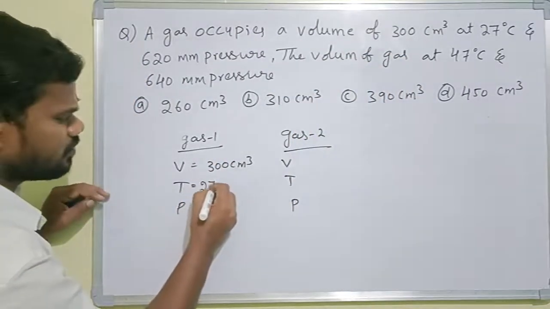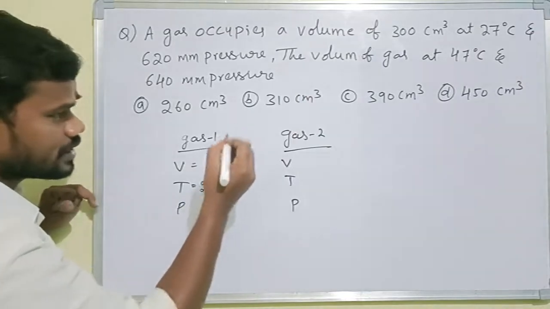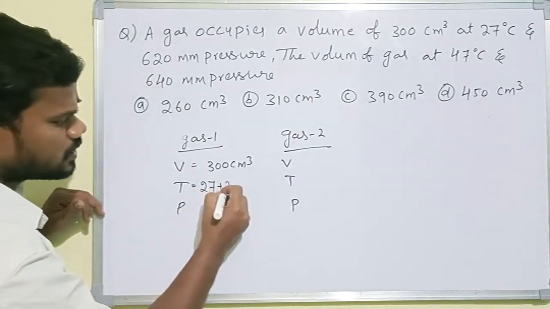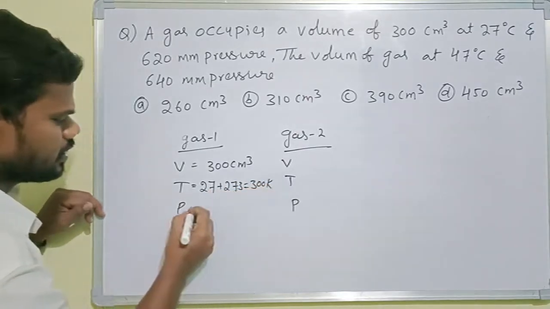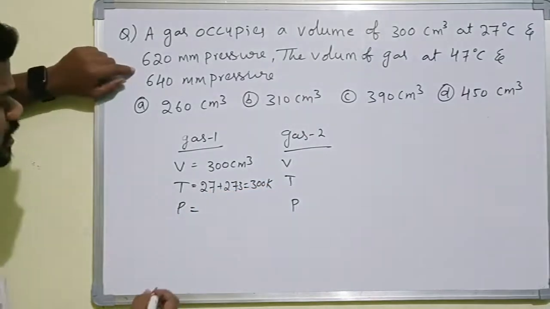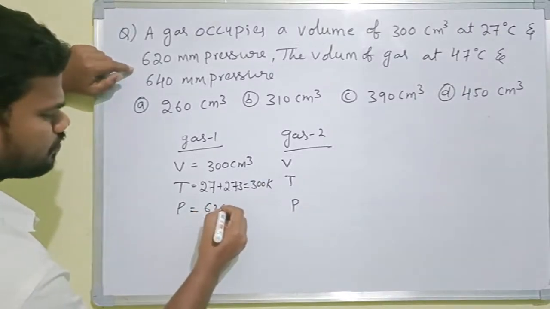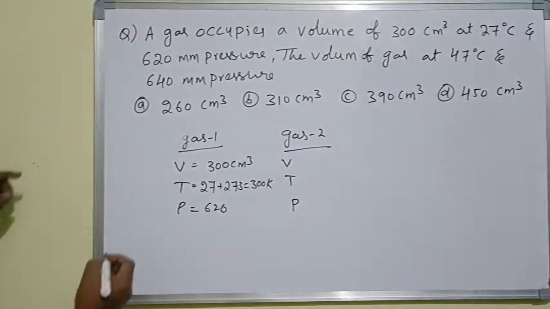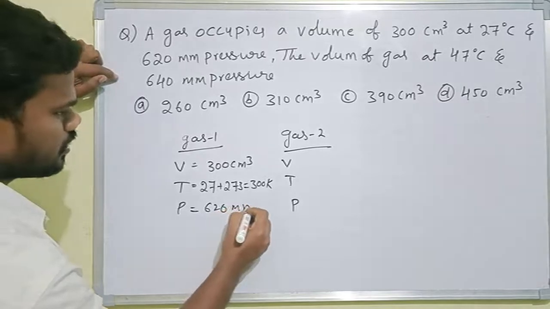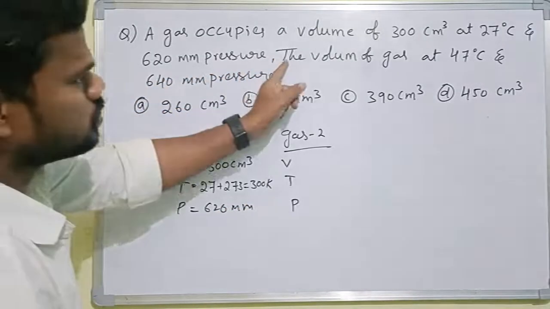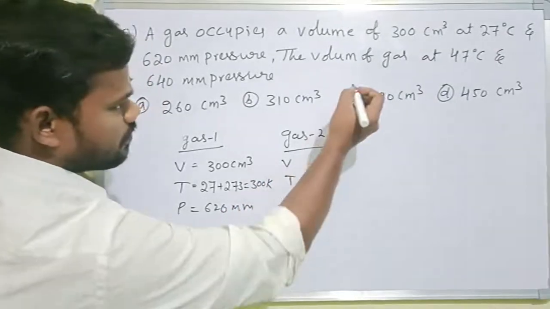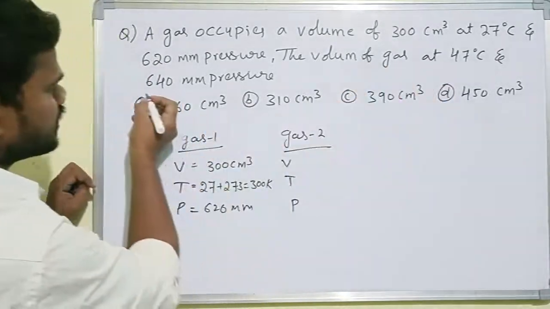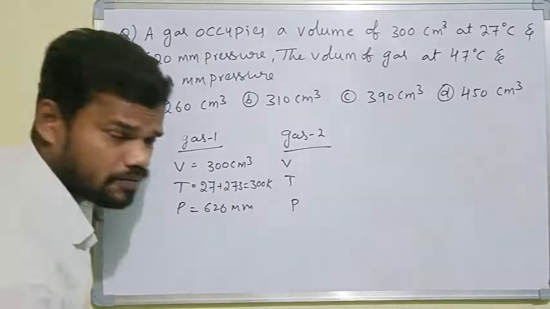What is the temperature? 27 degrees Celsius. We convert Celsius to Kelvin: 27 plus 273, that is 300 Kelvin. The pressure is 620 mm. Next, for gas 2, the gas occupies a volume at 47 degrees Celsius and 640 mm of pressure.